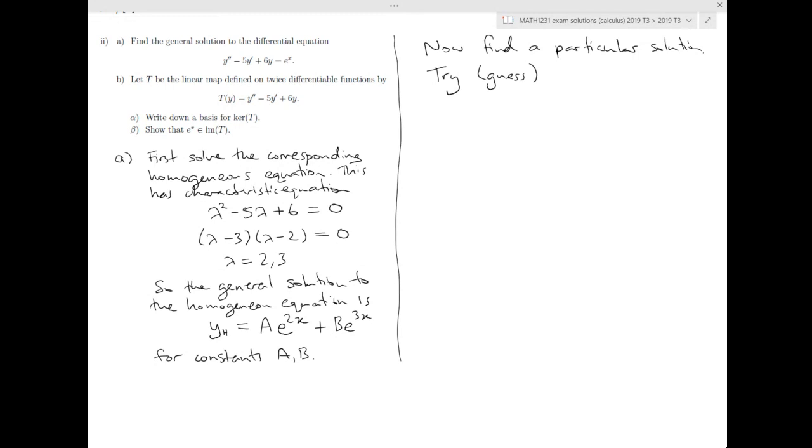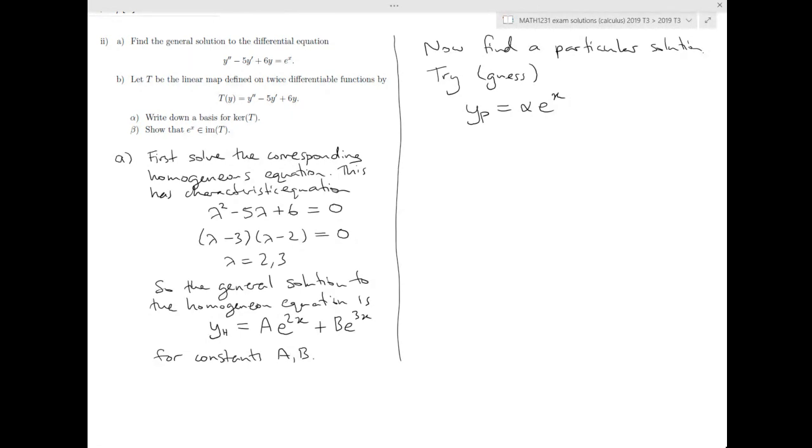So now this one turns out to be the easiest possible example, because if I make the guess yp is some multiple, I'll call alpha, of e to the x, what could go wrong is that the e to the x could also be a solution to the homogeneous equation, in which case it will always give you 0 when you plug it into the left-hand side. And then you couldn't possibly get e to the x on the right. But as it happens, e to the x is not part of the homogeneous solution, so this guess is fine.